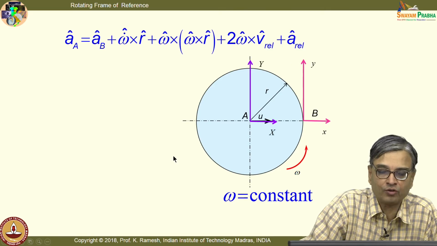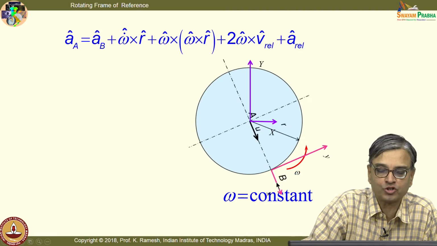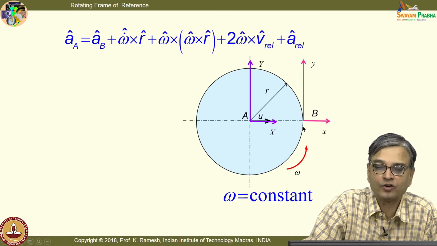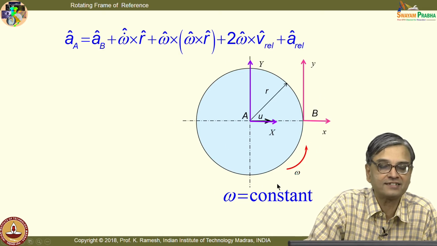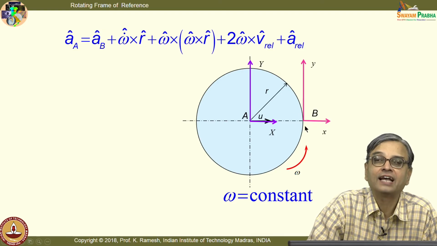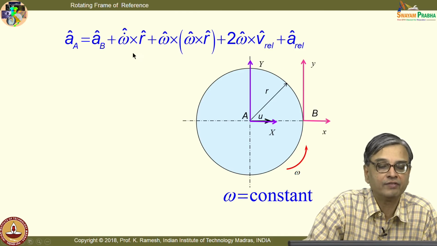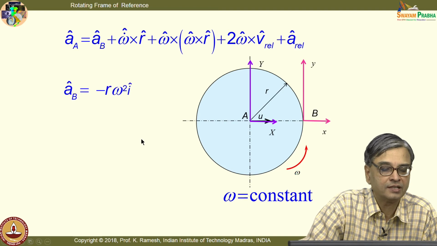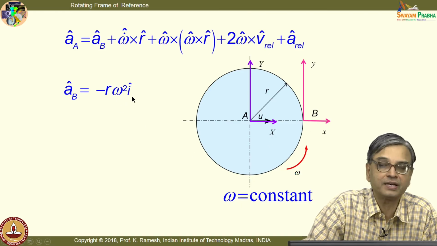So, what all things do I know? I have this as a rotating platform, just to show that this rotating frame of reference rotates like this, and I can find out the coordinate accelerations to fill up all this. We have already noted some of the terms are 0, and you can easily write A_B is minus r omega squared I, because this is rotating, very simple and straightforward for you.